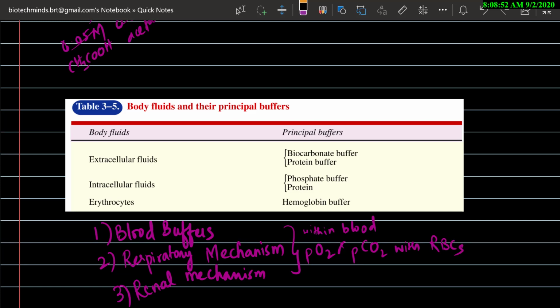That is a respiratory mechanism, from exchange from the lungs into the tissue of blood, that is capillary tissue. And the third one is the renal mechanism, which takes place in kidneys. Whenever we excrete, we tend to lose a large amount of acids by way of protons or any acids that get excreted through urine.